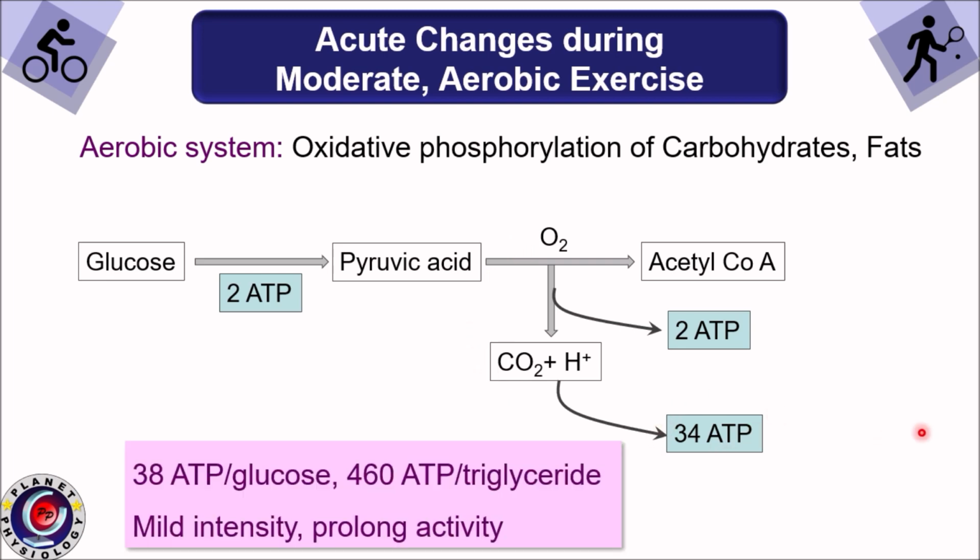During this process, 38 molecules of ATP will be generated from a single molecule of glucose. If the substrate is fatty acid, 460 ATP molecules will be produced by utilizing one triglyceride molecule. Thus, for mild intensity, prolonged activity, glucose and triglycerides will be utilized.